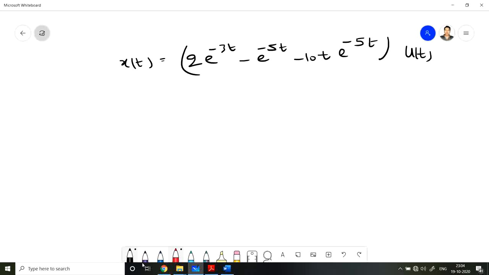So this is the solution. Note that there is a simpler way of finding alpha, so there is an alternate method. Let us discuss the alternative method.